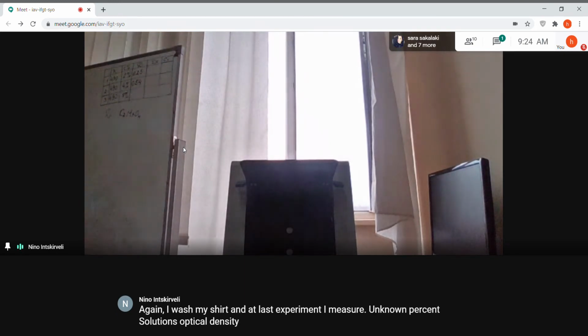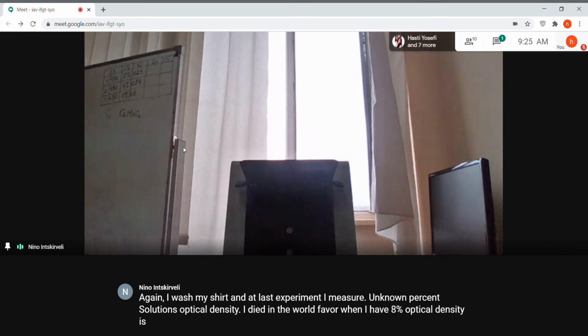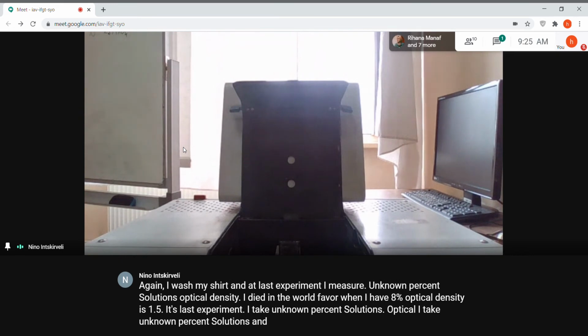I write the values in my reference table. When I have 8%, optical density is 1.5. At the last experiment, I take the unknown percent solution and I measure its optical density.